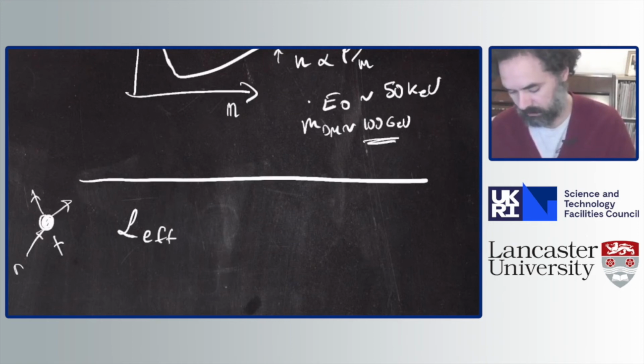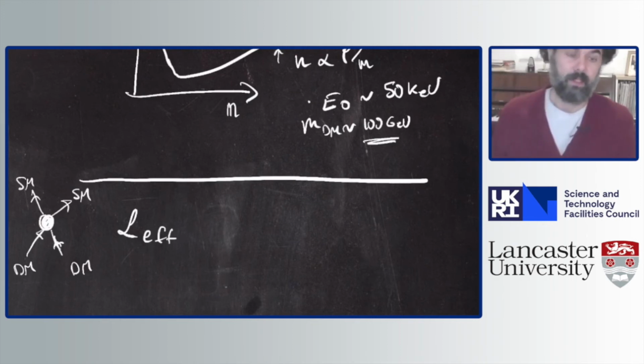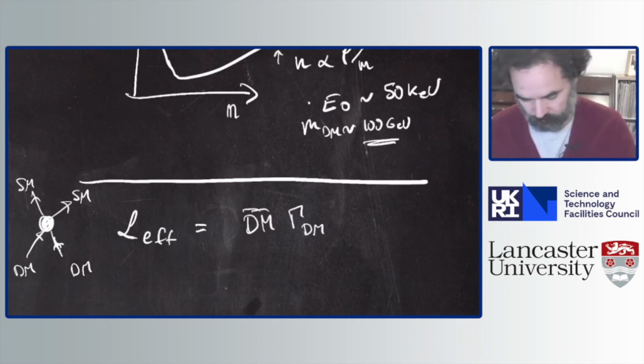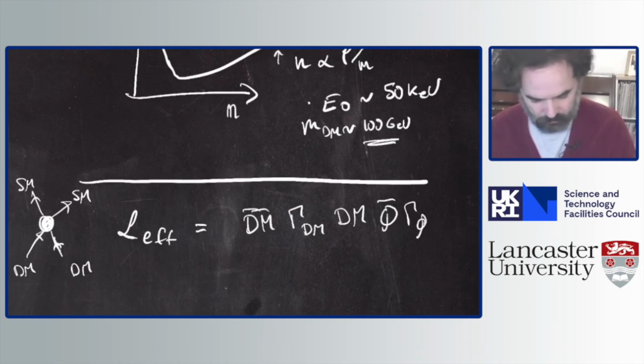So there is some event, dark matter going into standard model, and then this will come from an effective interaction that normally is going to have some form, and here some quark operators.